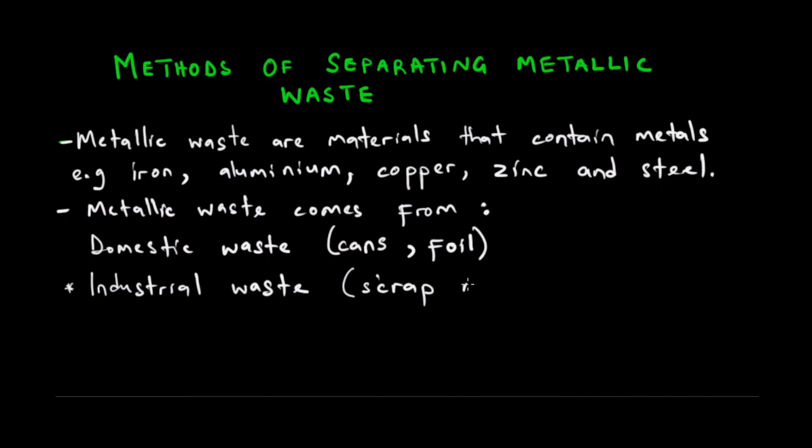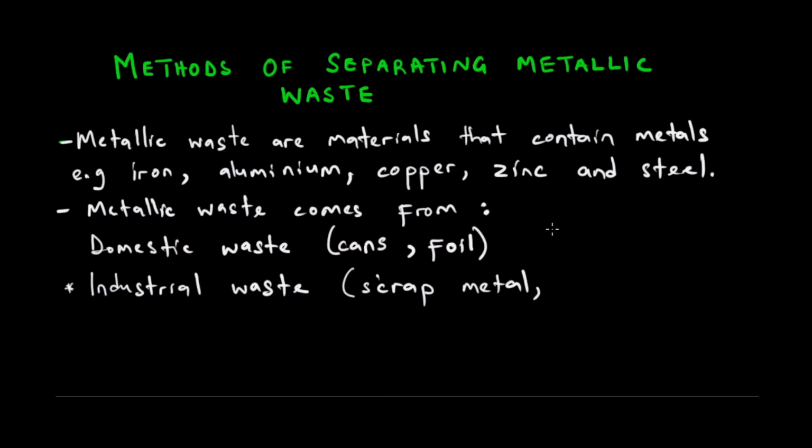So we have scrap metal. Of course we have also scrap metal which comes from households, from domestic use. So there are people who go around collecting small pieces of metal in homes that are no longer needed, to take to junkyards for reprocessing and recycling. But most scrap metal, or scrap metallic waste, comes from industries.